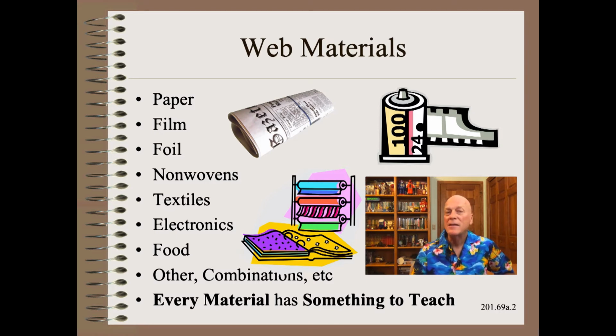Nonwovens and textiles teach us that one size does not fit all tolerances. These and more flexible materials can tolerate much more before quality suffers. In short, every material has something to teach.